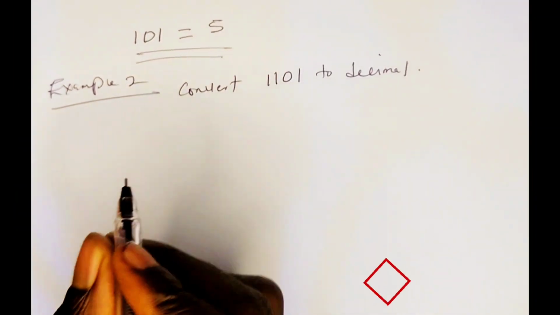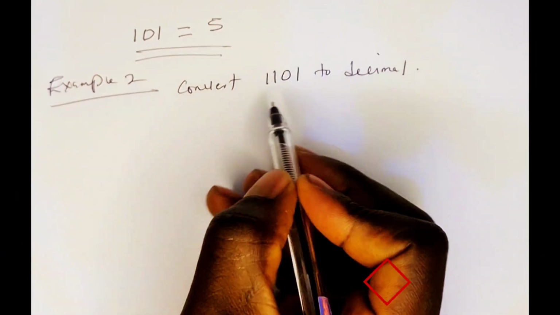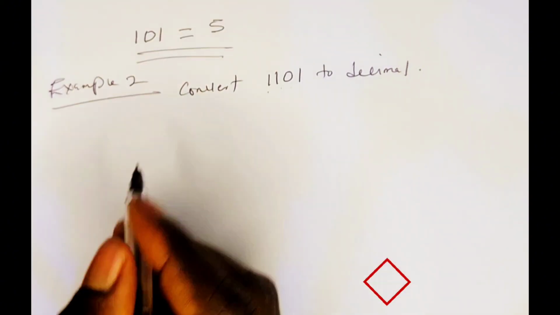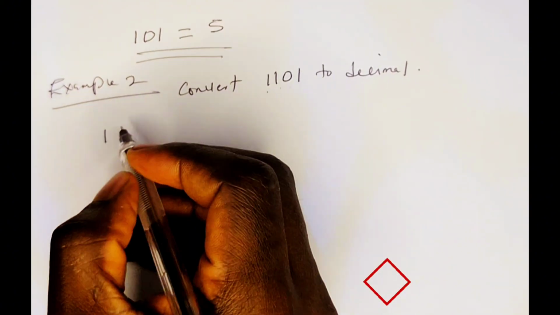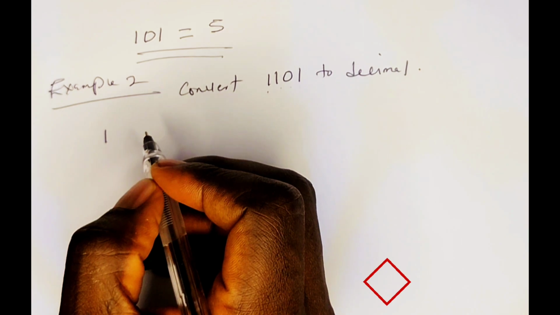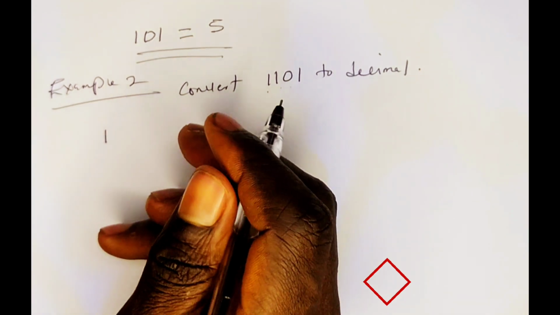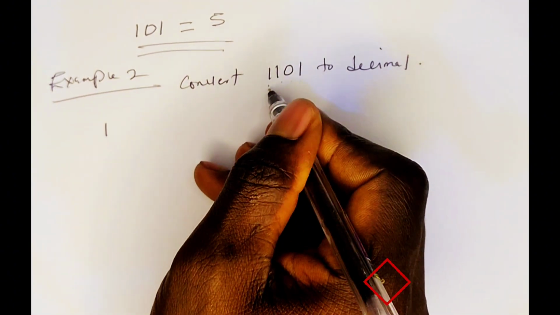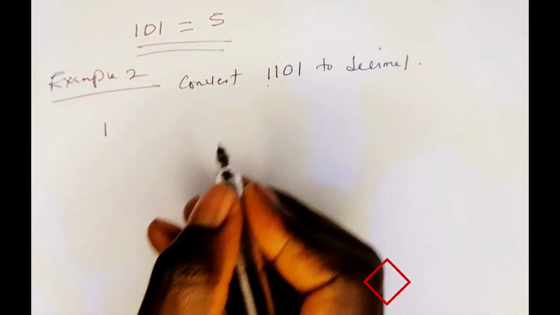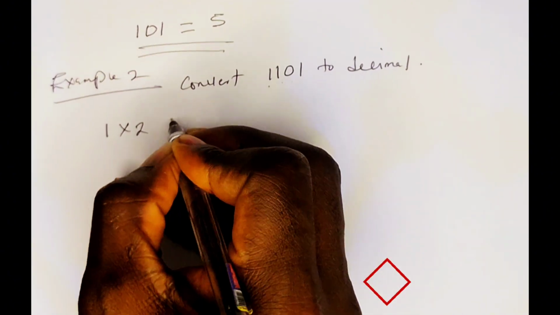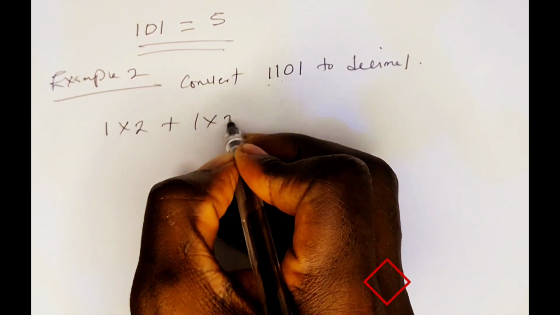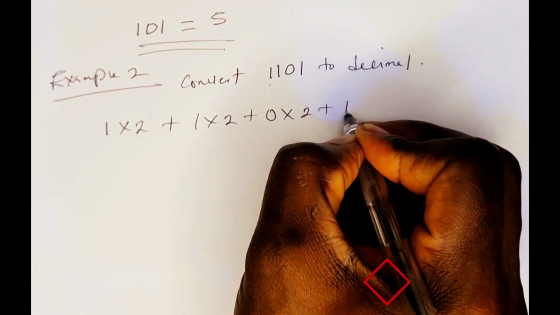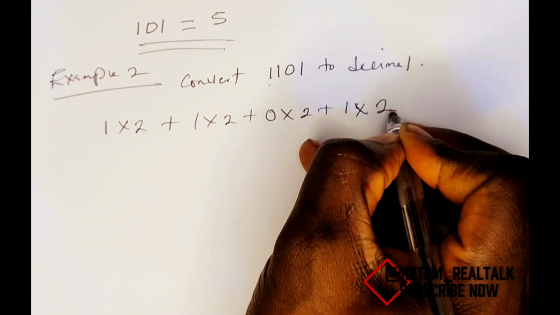Alright, let's take another example. Example 2: convert 1101 to decimal. It's still the same process. We give each binary digit a power of 2. So 1 multiplied by 2 plus 1 multiplied by 2 plus 0 multiplied by 2 plus 1 multiplied by 2.